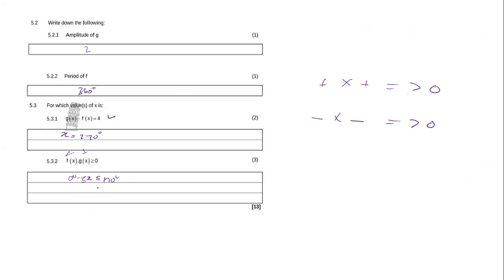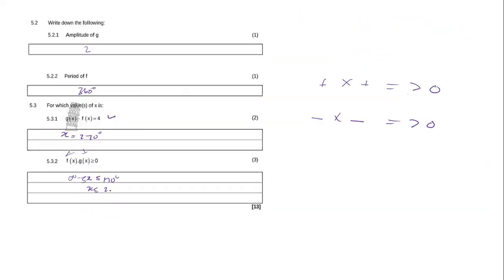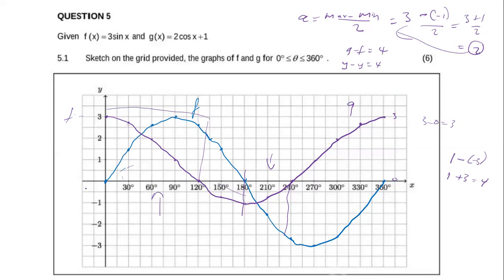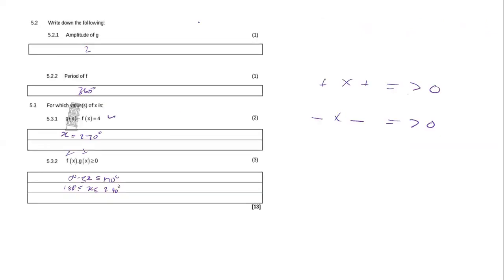So that means we're going to say it's whereby x is less than or equal to 240 degrees and greater than or equal to 180 degrees. And therefore this will be the only solutions that we can talk about. Therefore, we are done with this question.